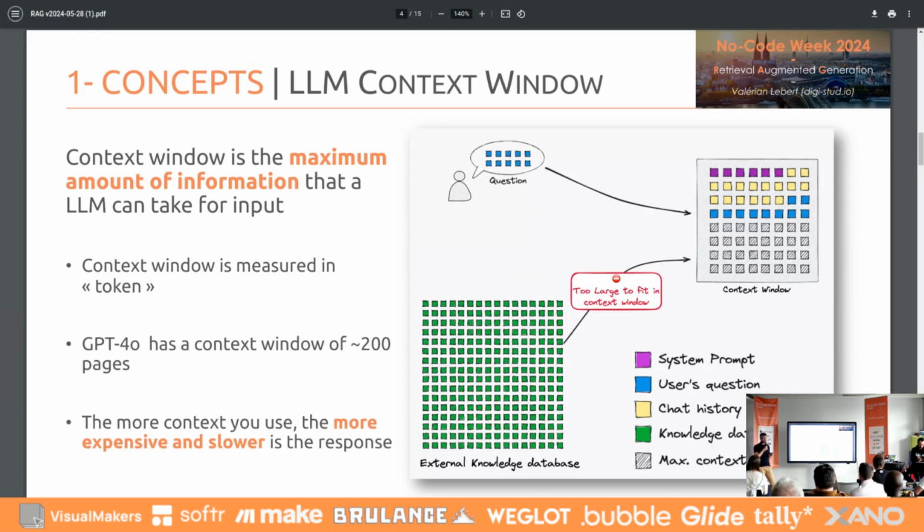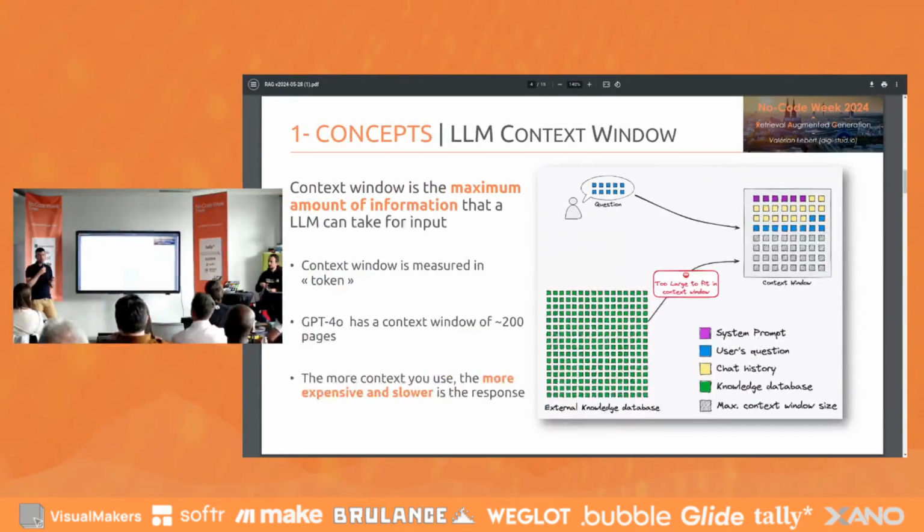You may have a lot more knowledge than this, and if you have maybe a small knowledge database, the more context you give the system, the more expensive the query is, the slower the query is. So generally, in any case, you want to limit the amount of context you give your model to be as specific as possible.